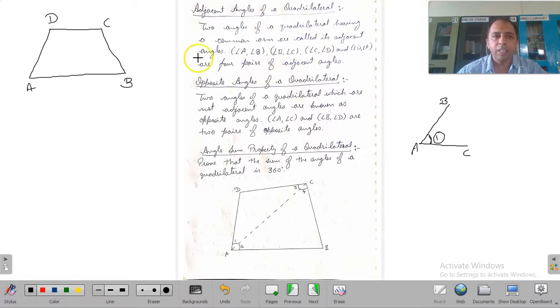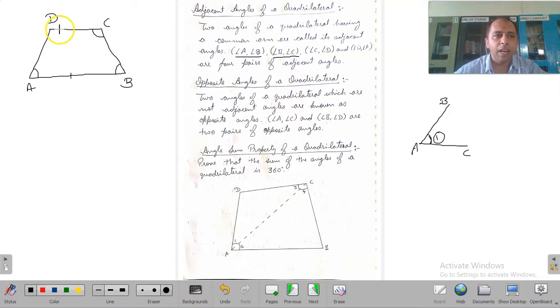In the same way, look at angle A and angle B. Angle A has arms DA and AB, while angle B has arms CB and AB. So AB is the common arm in these two angles. So angles A and B are adjacent angles of a quadrilateral. Similarly, angle B and angle C are adjacent angles.